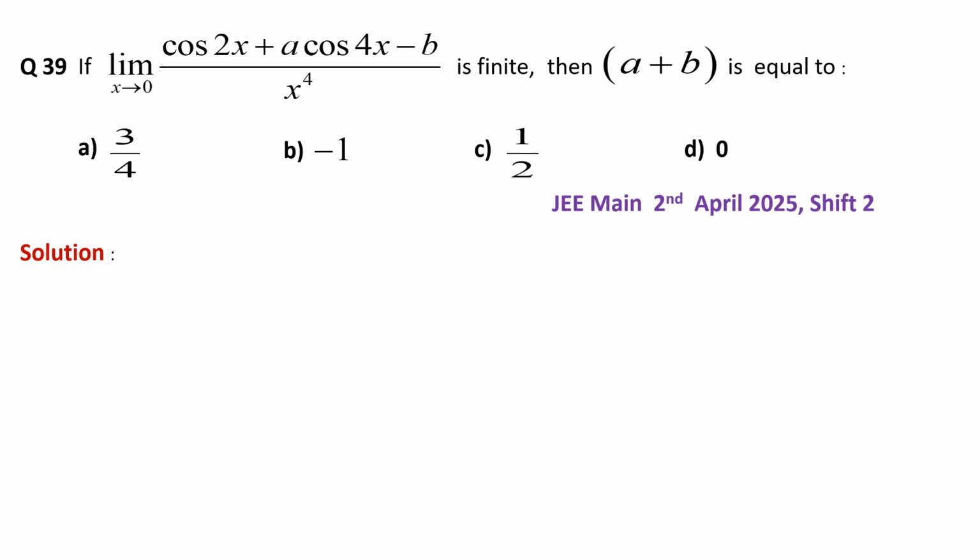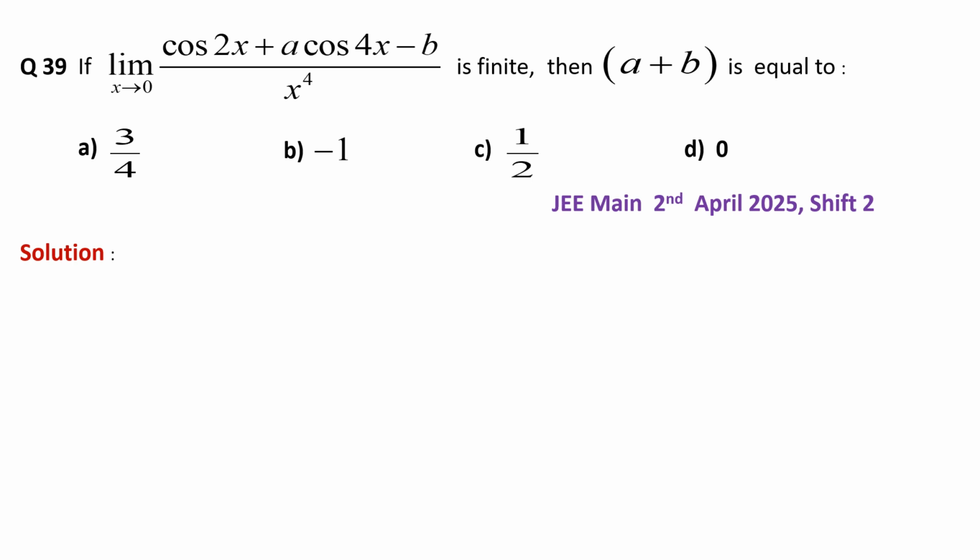If the numerator approaches some value other than 0, then the value of this limit will not be finite, which is not possible according to the question. So the numerator must approach 0.